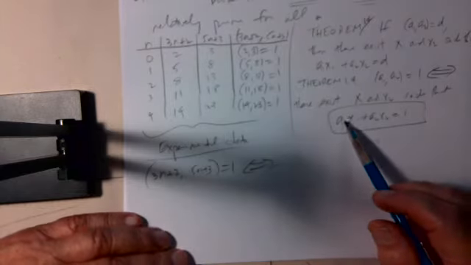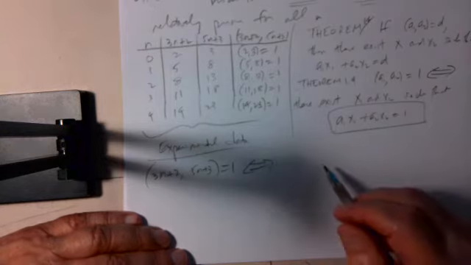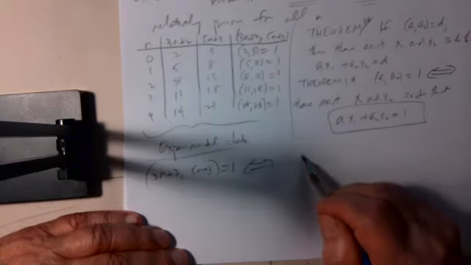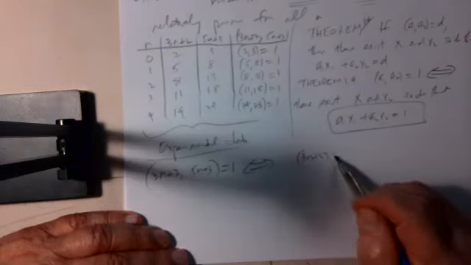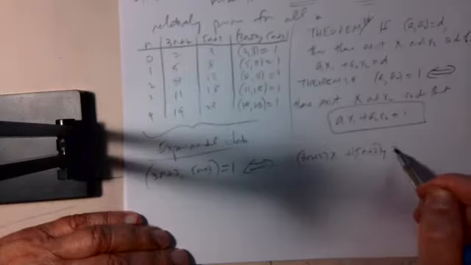Let me call them, instead of x1 and x2, let me call them x and y. (3n plus 2)x plus (5n plus 3)y equals 1. Can we solve this equation in x and y?